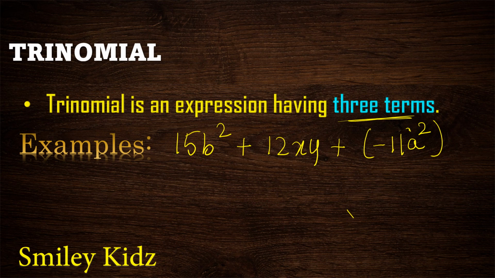So this is a trinomial. Why is it termed to be as a trinomial? Because it has three terms. The first term is 15b square, the second term is 12xy and the third term is minus 11a square. So the expression which is having three terms is called a trinomial.